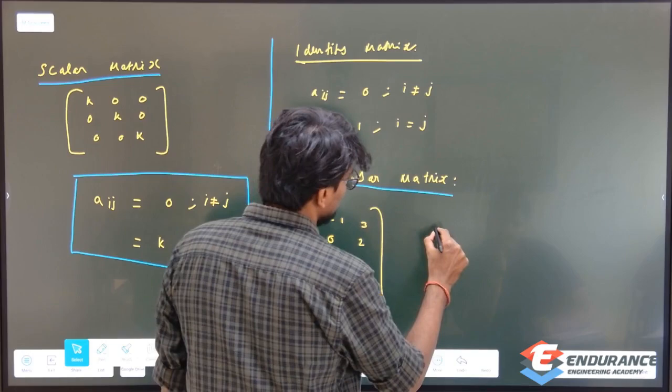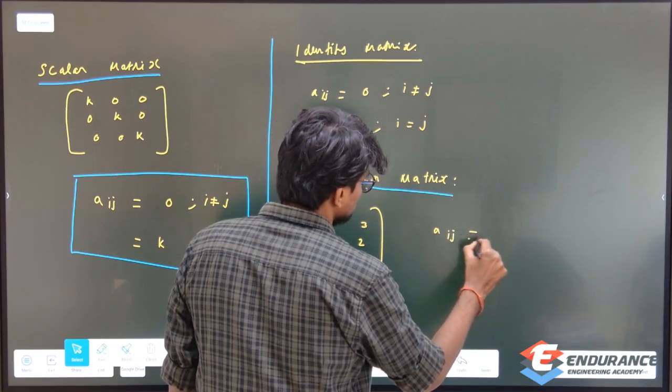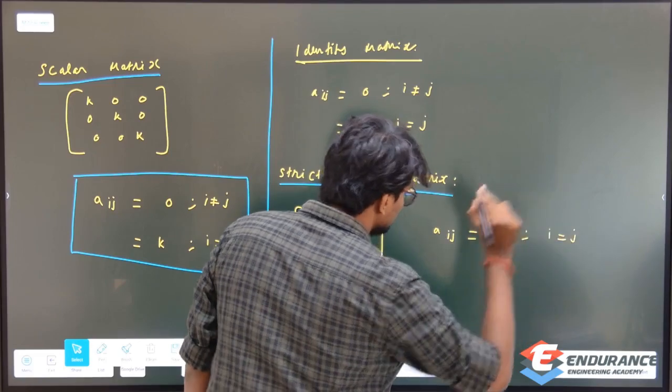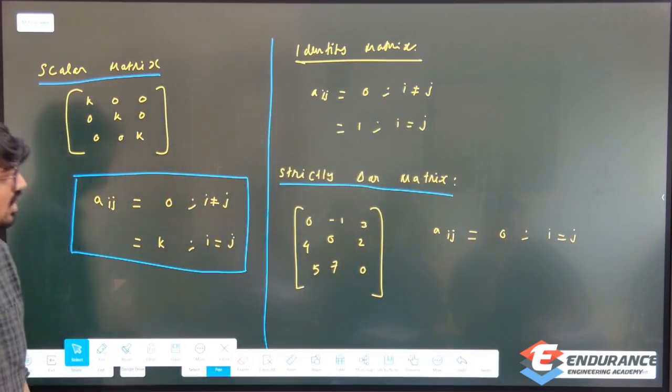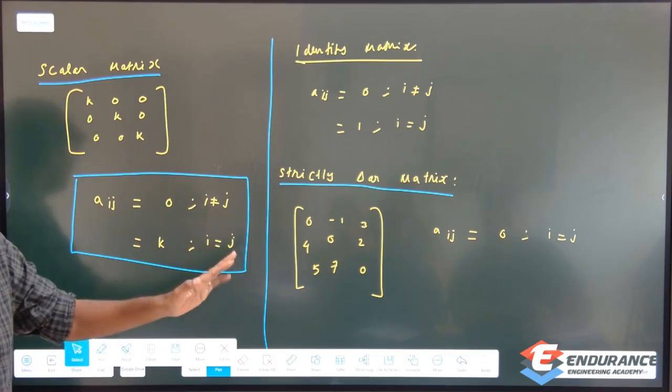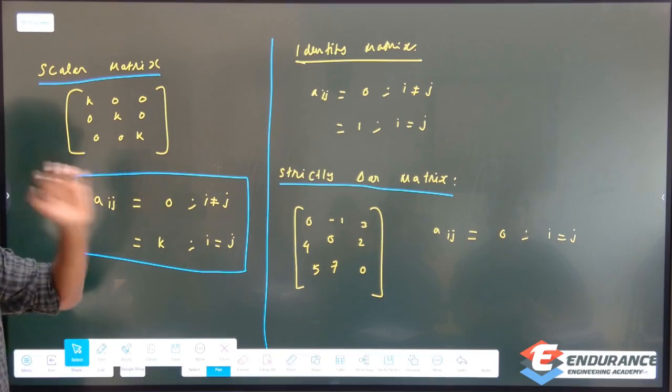Aij will be equal to 0 when i is equal to j. When i and j are not equal, my Aij may or may not be equal to 0. It can be or it cannot be.